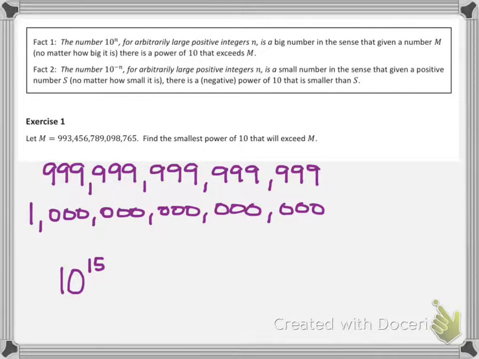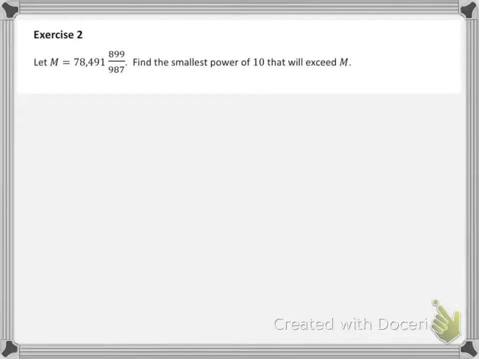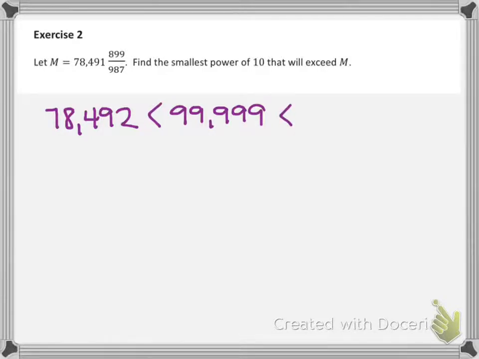Okay, let's look at Exercise 2. We have 78,491 and 899,987ths. So the next biggest number would be 78,492, and we could say that number is just a little bit smaller than the biggest number with 5 digits, which would be 99,999, and that's just a little bit smaller than the next power of 10, which would be 100,000.